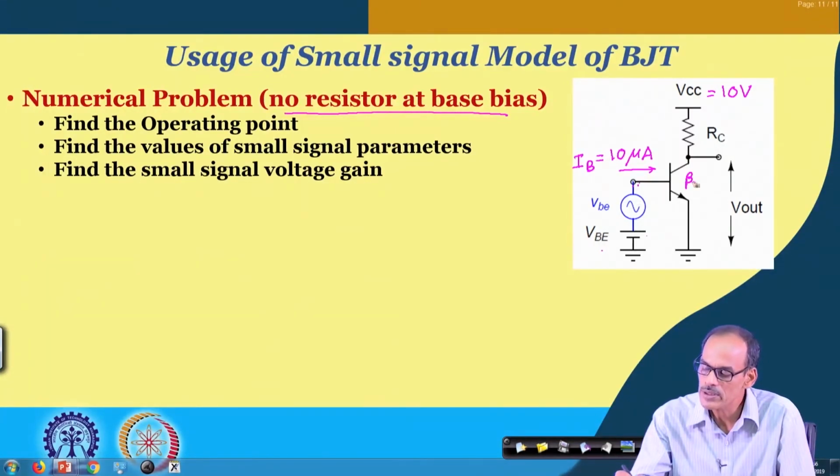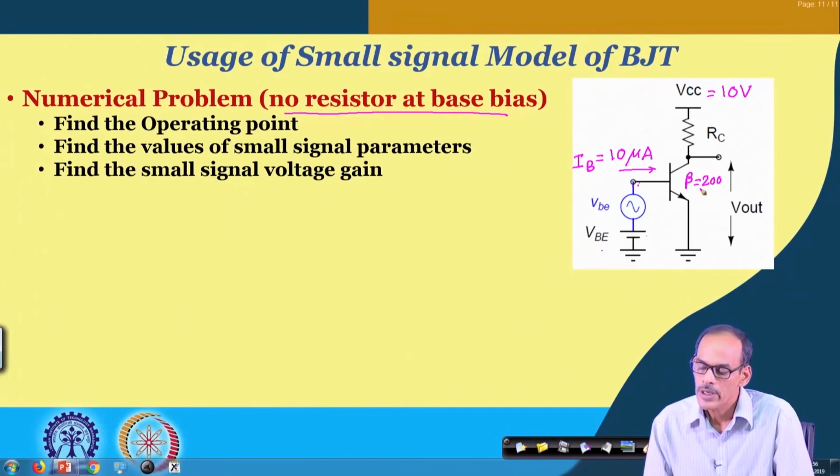The beta of the transistor is 200, and that gives us a quiescent current of 2 milliampere.